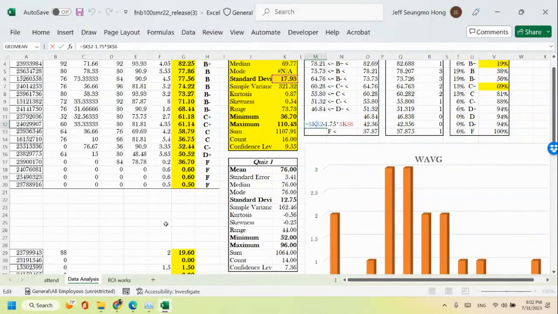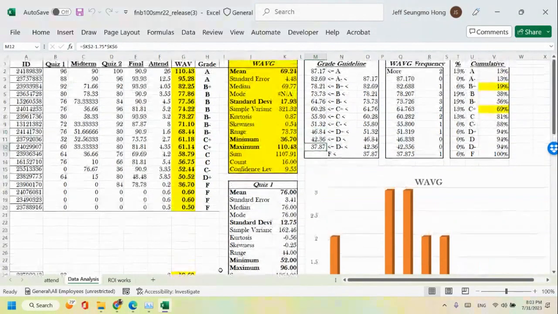1.75 would be like bottom 10%. If there are 30 people in the class, bottom 10% is just one person.